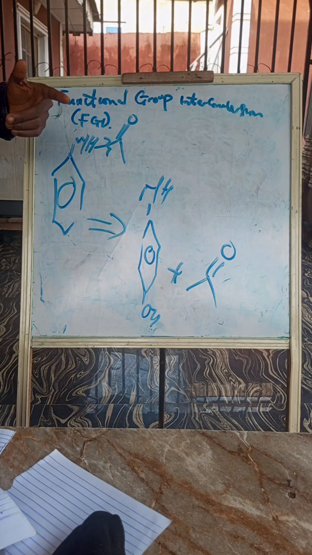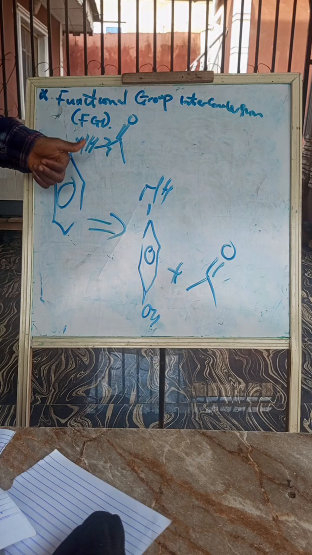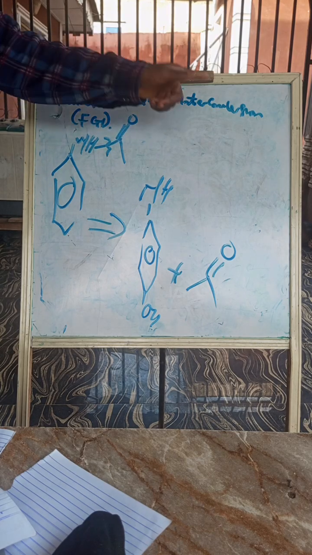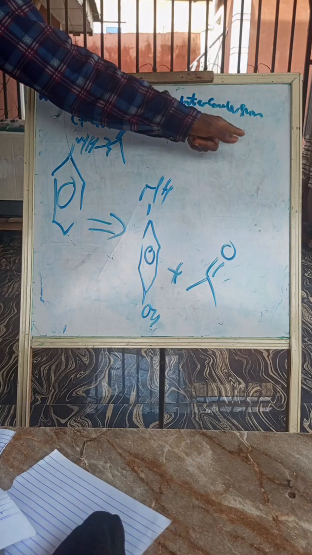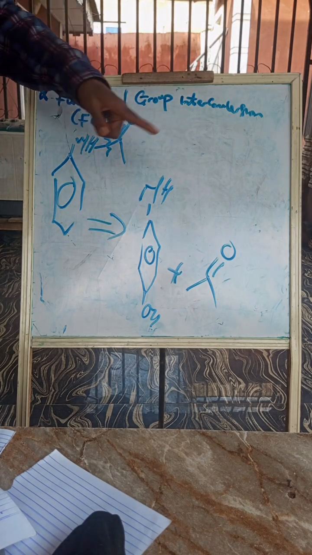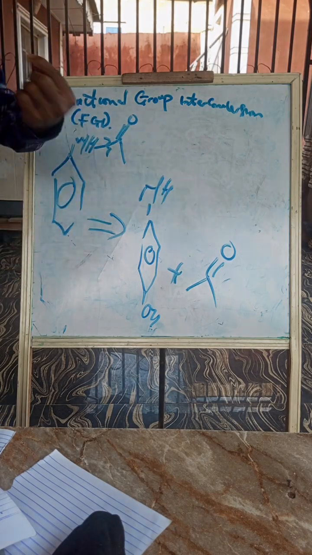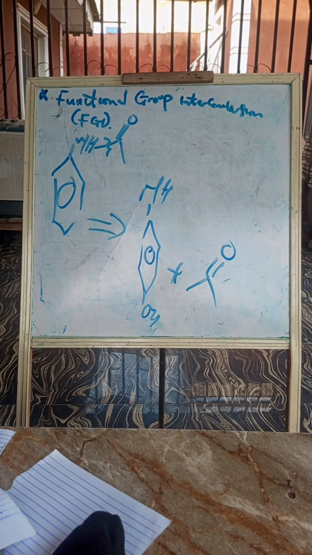So in cases like this, there's what we call functional group conversion. That is, one functional group is replaced with another functional group before you can successfully disconnect.